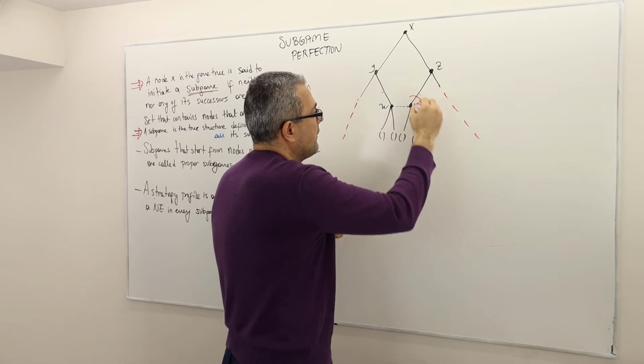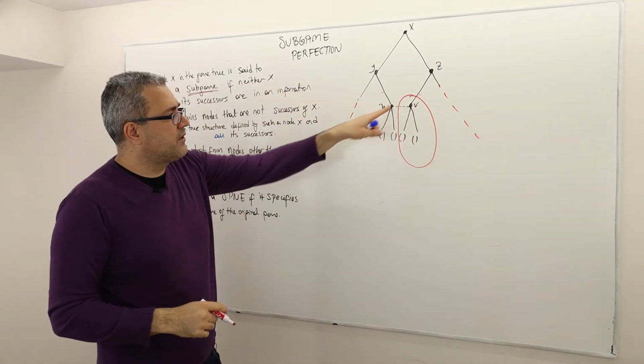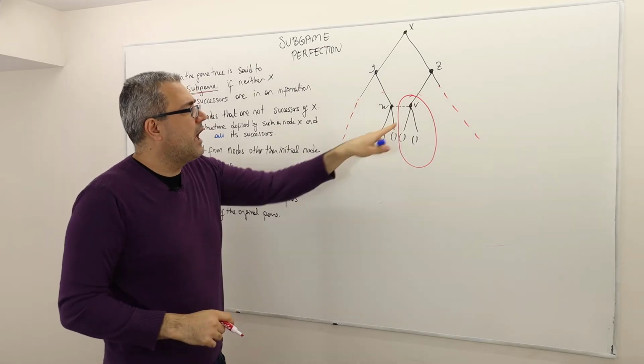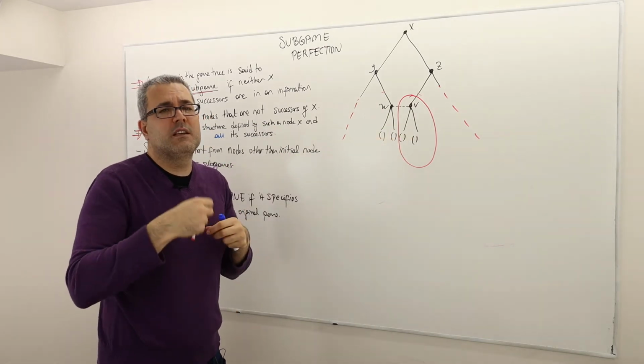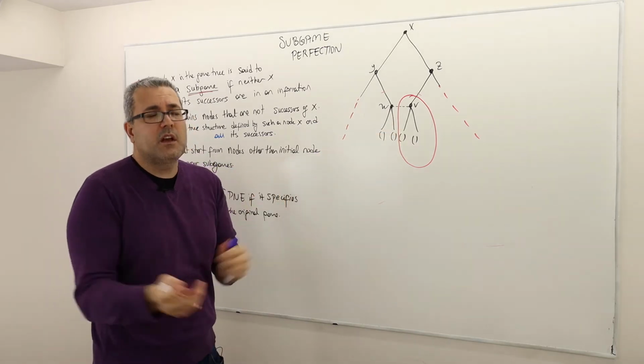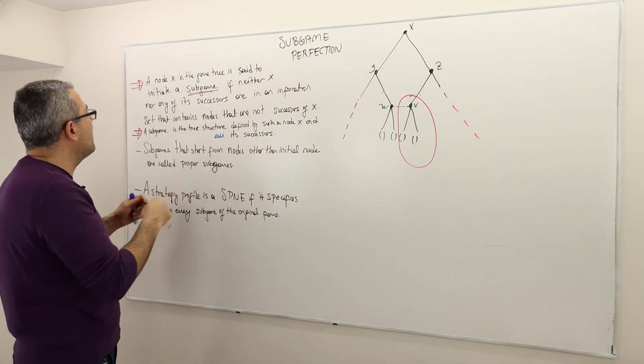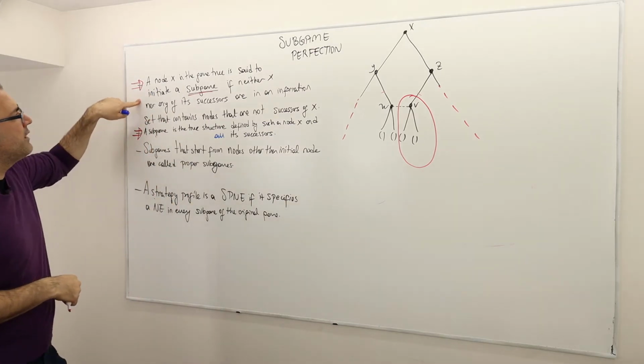Can this be a subgame? It starts with a single decision node and all its successors. There are no successors after V, and so this sounds like it is a subgame. It can't. Why? Because it contradicts the first definition.